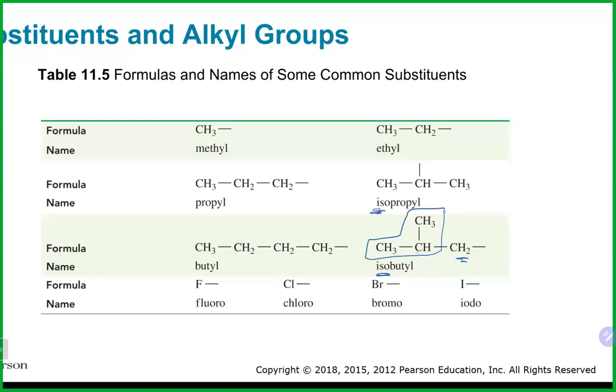This one is attaching at a primary carbon, but it has this arrangement which makes it that isobutyl group. Again, T-butyl, which we don't use much, is basically just a C with 3 CH3s attached to it, so that gives it a tertiary type of thing.